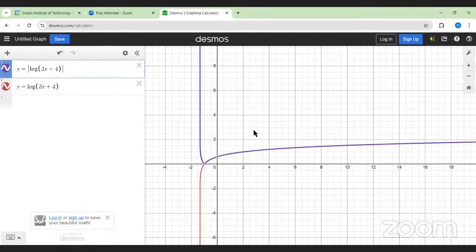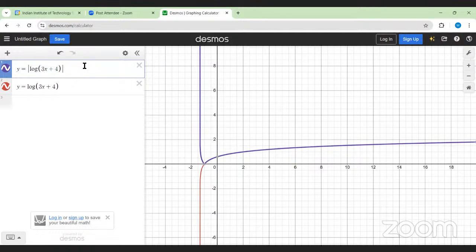So, ma'am, can we generalize that any log function with a constant and mod is not a 1-1 function because the horizontal line test will fail? You can generalize to any log. But the thing is, you need a linear function inside, right? A linear kind of function should be there. Then you can generalize it.